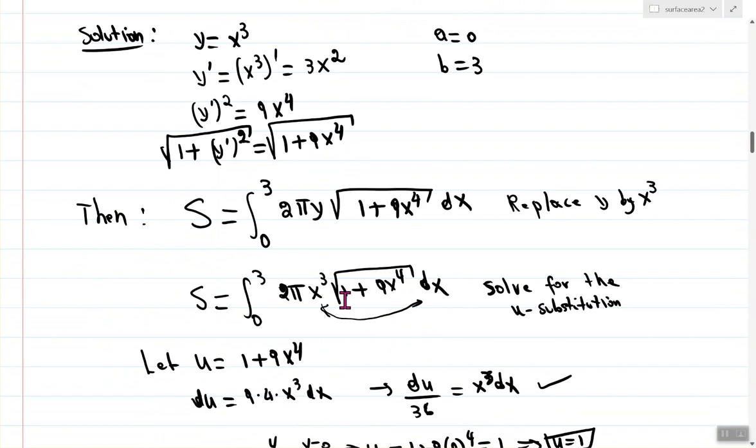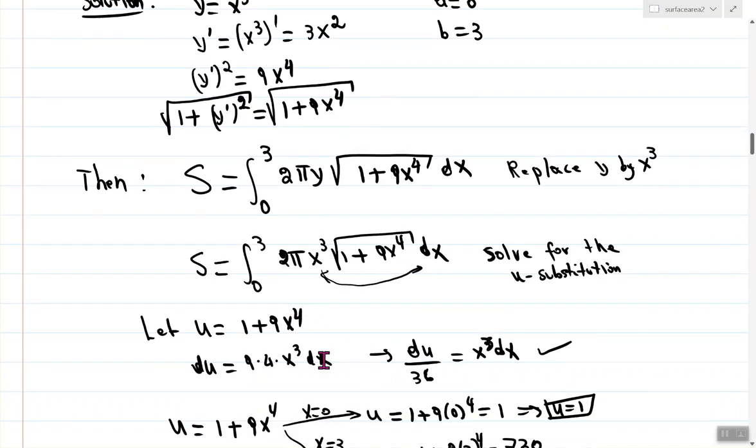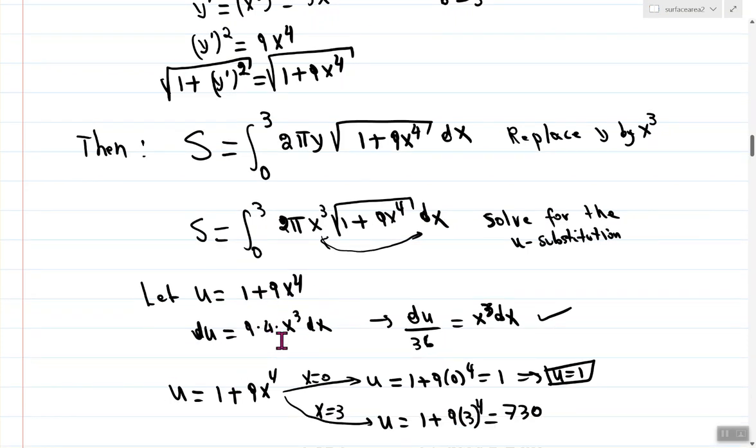So to integrate, we see that here we have x to the fourth. So whatever is under the square root must be u. When we take the derivative of u, we're going to bring out x cubed dx. So u is 1 plus 9 times x to the fourth. du is therefore 9 times 4 times x cubed dx.